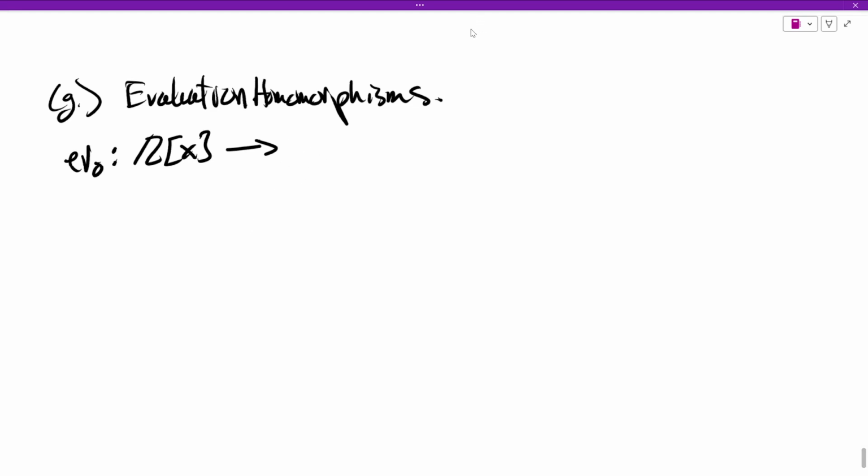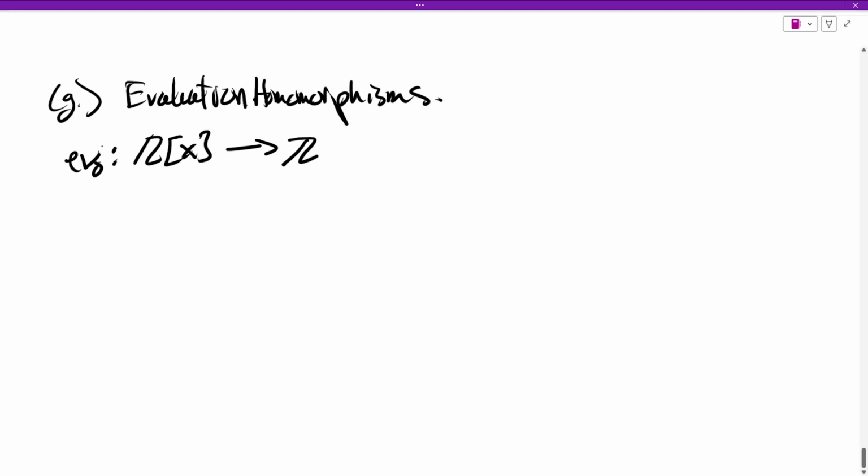Let's go from Z adjoint X to Z. You can go from Z adjoint X to anything that contains Z. I'm going to just go to Z, but you could go to like R or Q, and you'll investigate that a little bit in your homework for examples of homomorphisms that are not epimorphisms or monomorphisms. Okay, but here's the domain and codomain of the function that we're calling ev sub 0.